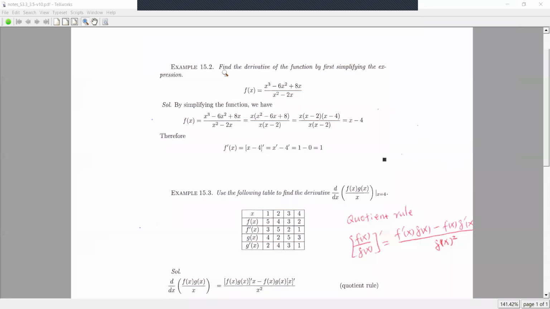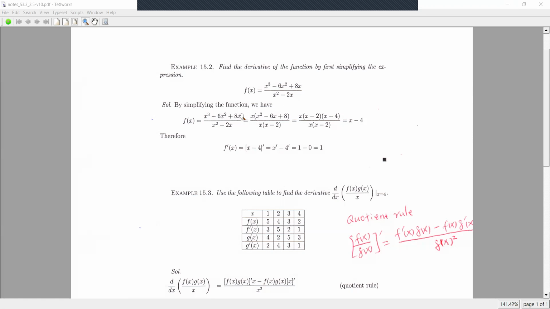Example 2, find the derivative of the function by first simplifying the expression. The function is a quotient, so we can apply quotient rule to compute its derivative. But according to this example, we need to simplify the function first before we compute derivative. Factor x out from the numerator and from the denominator.